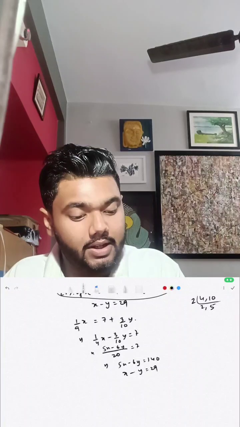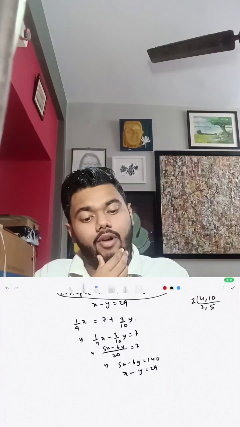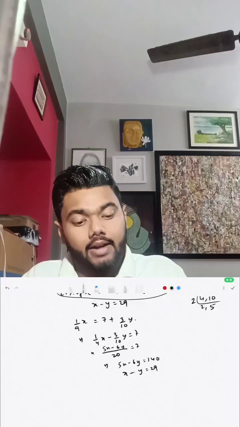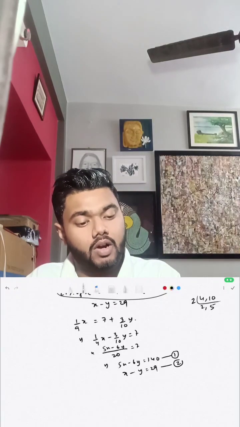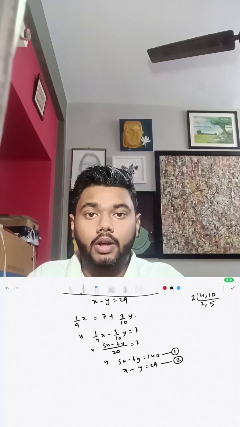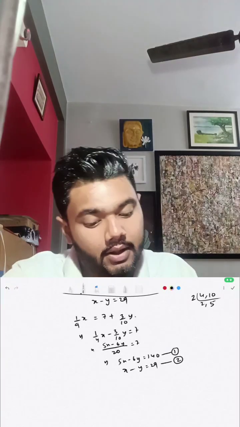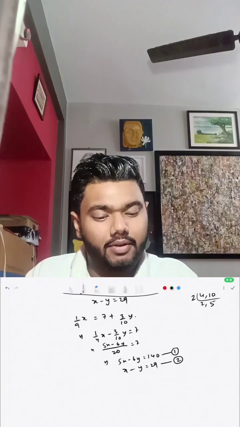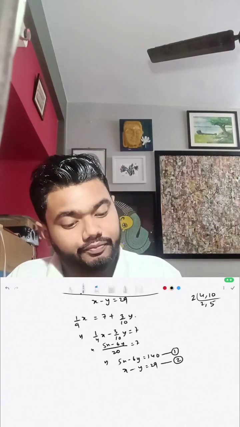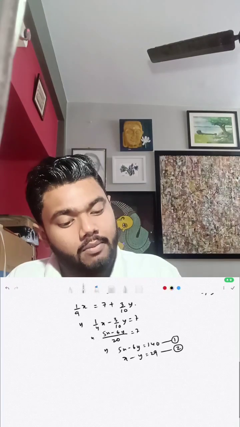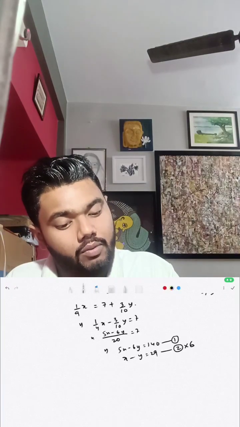And from here x minus y is 29. So if we want to eliminate y from these equations, first name this as 1 and the second one as 2. If we want to eliminate any number, let's say we are going to eliminate y, so let's multiply the second equation by 6.